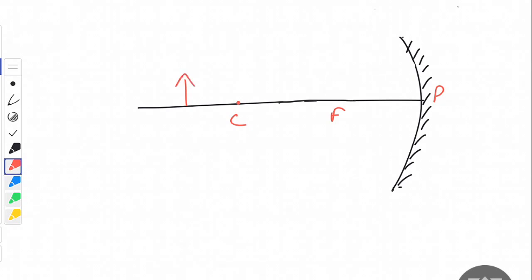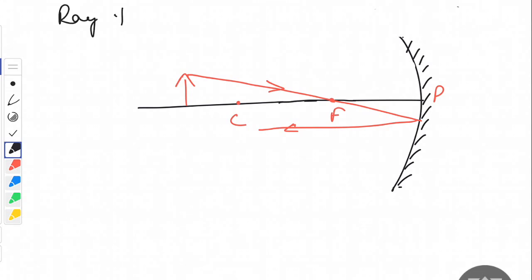Now the next, this is the focus. A ray through the focus will go parallel to the principal axis. So this also I want you to write down.